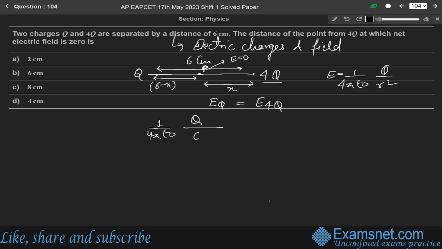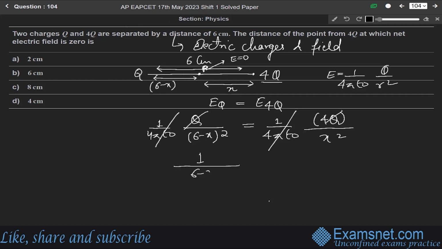So 1 over 4 pi epsilon naught, Q over (6 minus x) square, equals 1 over 4 pi epsilon naught, 4Q over x square. Now solving it, 1 over 4 pi epsilon naught cancels out, and Q also cancels. So we get 1 over (6 minus x) whole square equals 4 over x square.